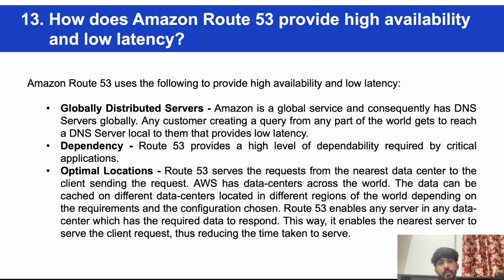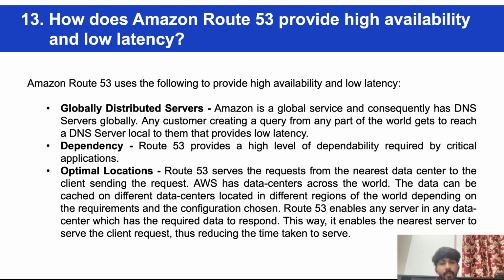Let's say you're in India, you're creating a website and you want your product to go global, and you want your application to be available for every single person around the globe. So you can use Route 53 to do that. Next comes dependency, and finally optimal locations.